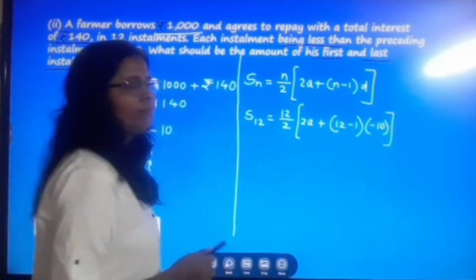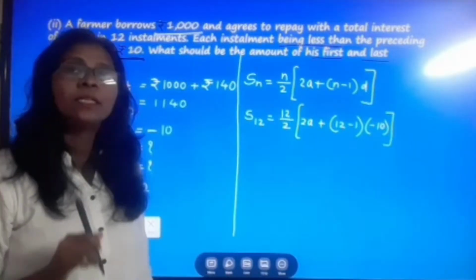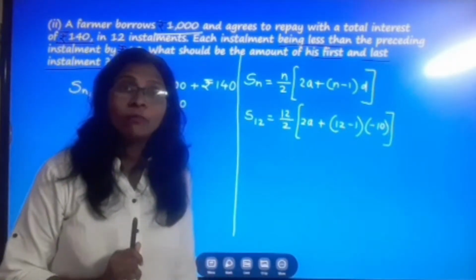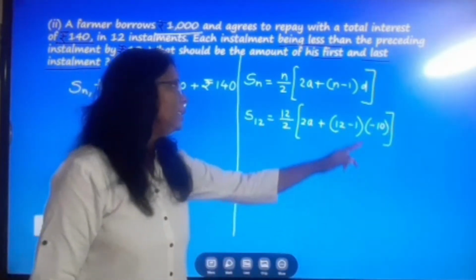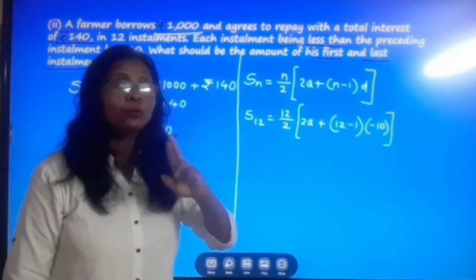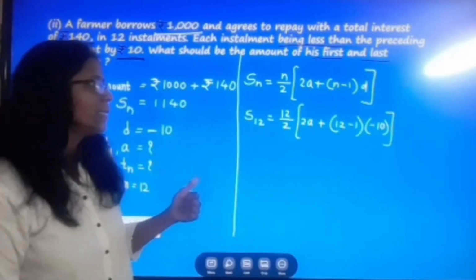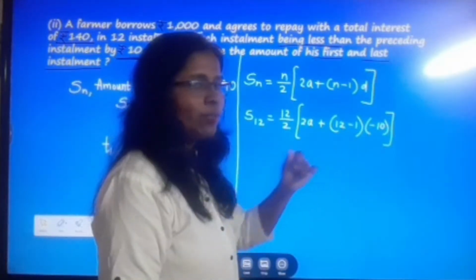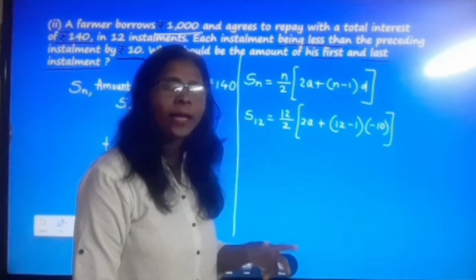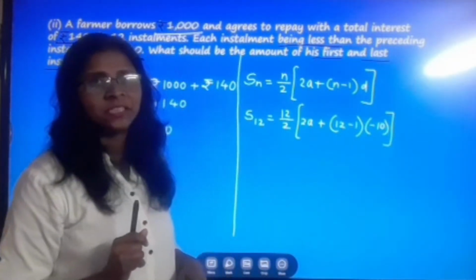If the value of d is negative, then always write that value in the bracket, otherwise you will make a mistake. So if the value of d is negative, you have to keep it in the bracket.